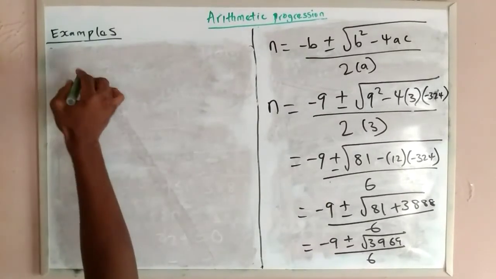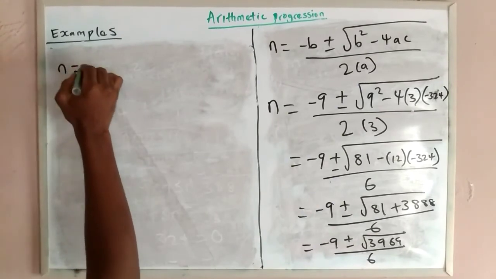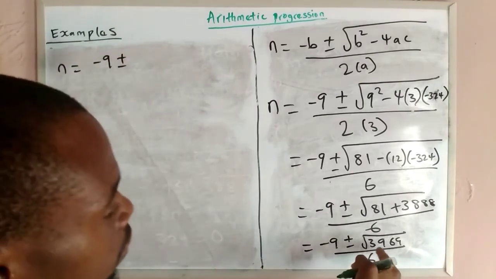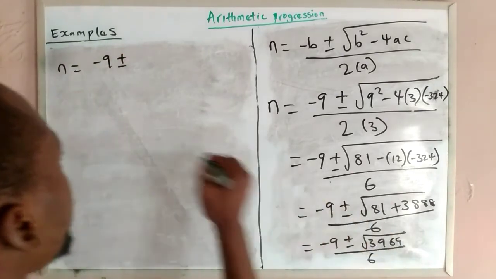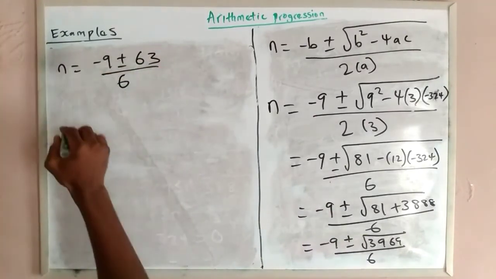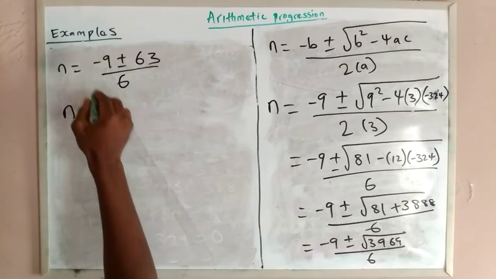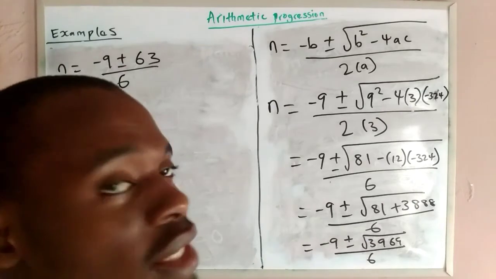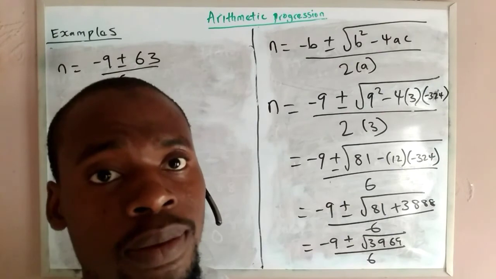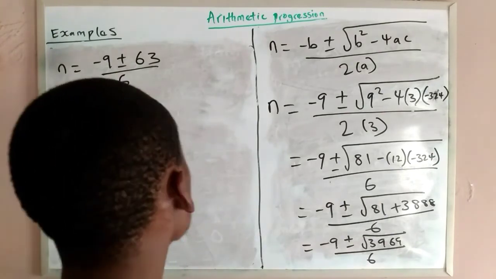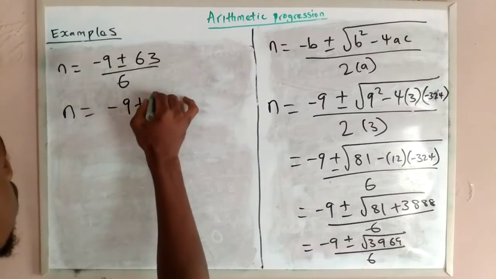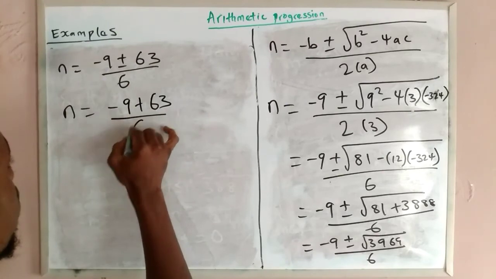From here, we have our n to be equal to minus 9 plus or minus root of 3,969, that is 63, divided by 6. Actually here, we only need the positive root. We can't take the negative root since we are looking for the number of terms, and our number of terms cannot be negative. So we only take the positive, which is minus 9 plus 63 divided by 6.